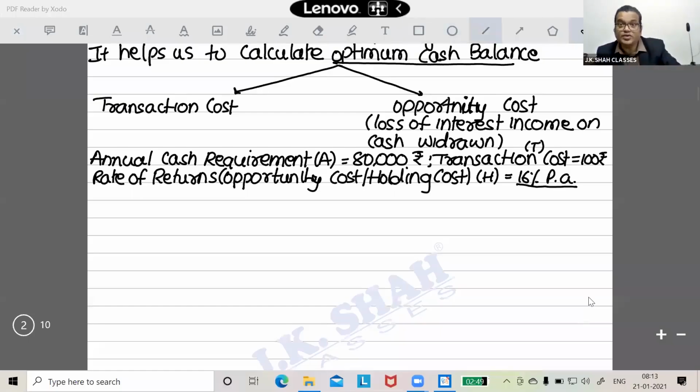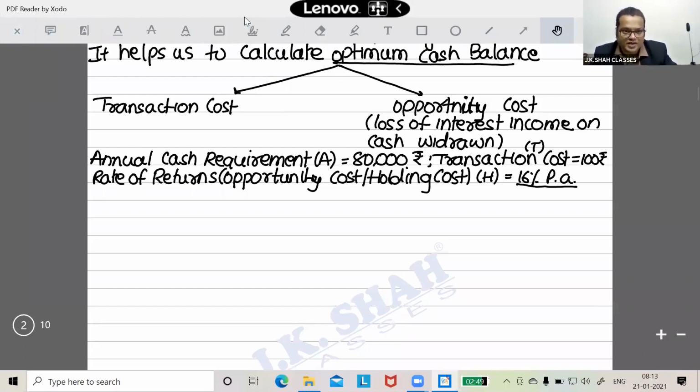Okay, so I can do one thing. I can tell you the formula at the beginning, and some of you might say, sir, if you know the formula, then why are you taking us through all this? See, the optimum cash balance is calculated like this. I'll share it so you know where we are heading.